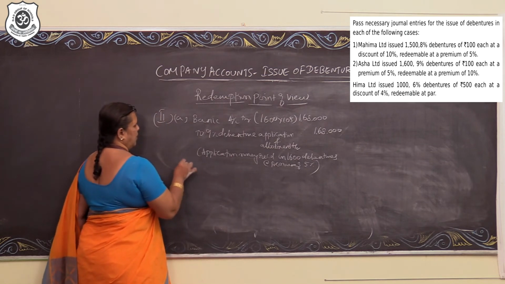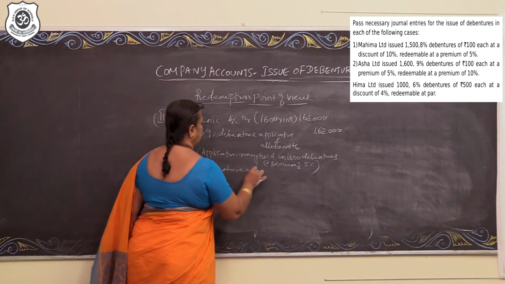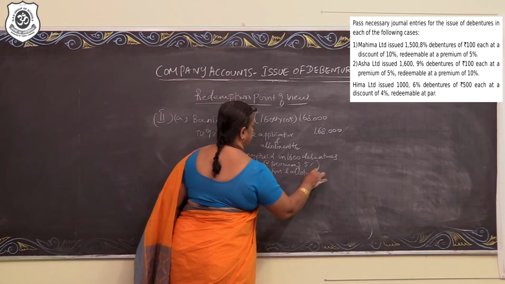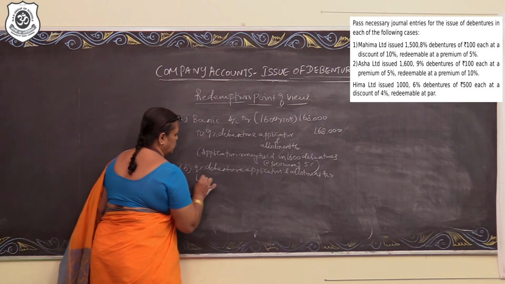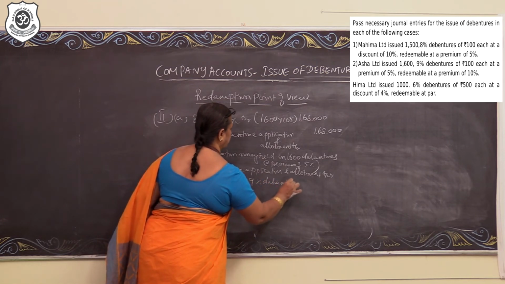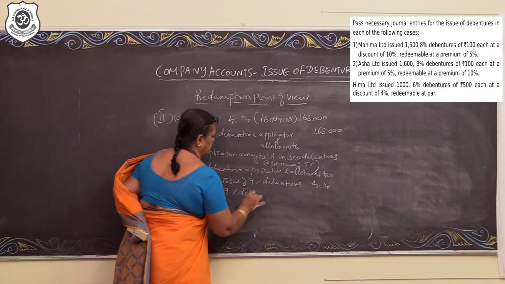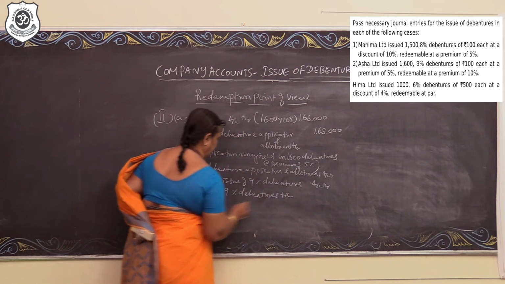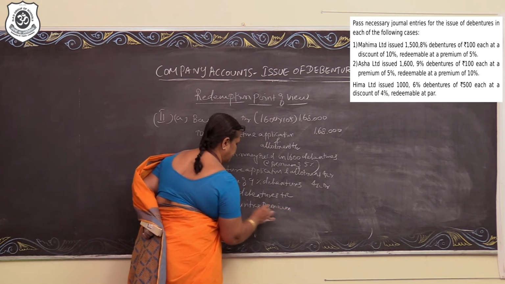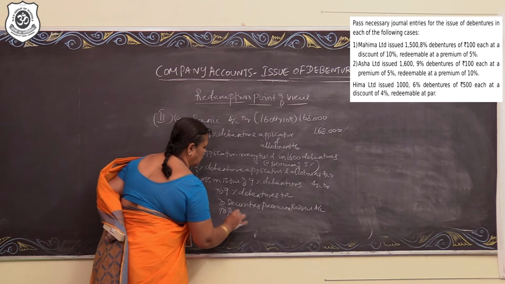The second entry is for transferring the application money to debentures account, 9% debenture application and allotment account debit, loss on issue of 9% debentures account debit, to 9% debentures account, to securities premium reserve account, to premium on redemption of debentures account.